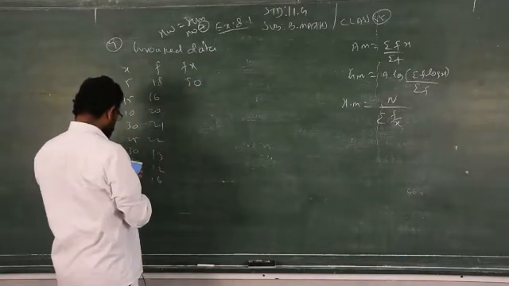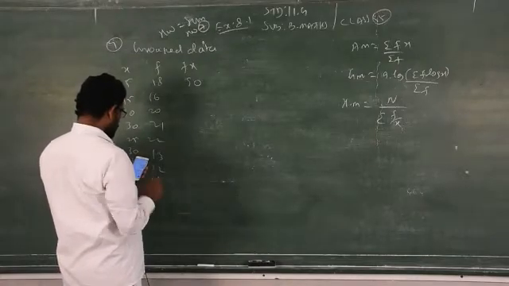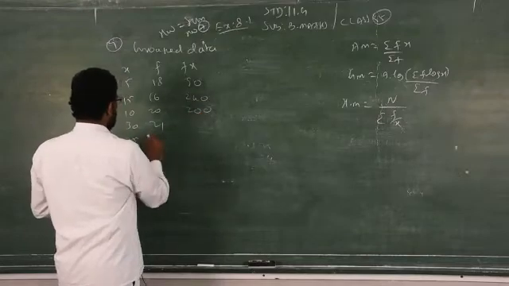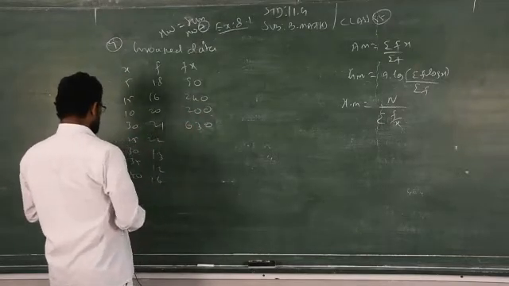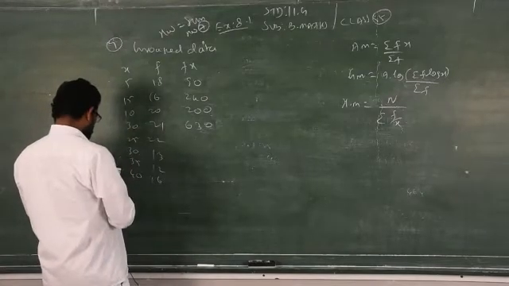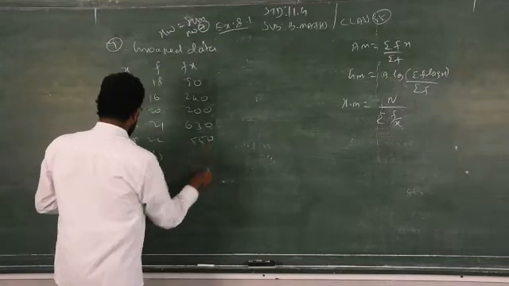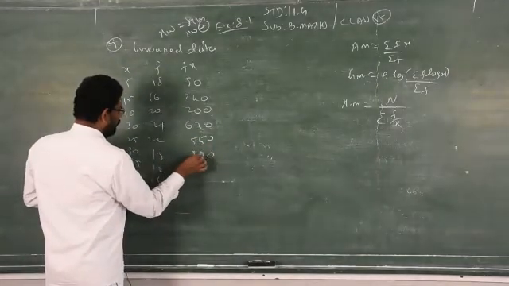Next one, 15 into 16, that is 240. Then 30 into 21, that is 630. 25 into 22 gives you 550. Then 30 into 13, that is 390.